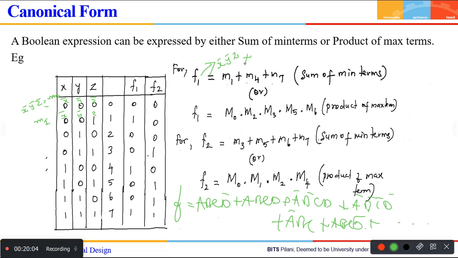Min term 4 is x y bar z bar, plus. Then you have M7. M7 is this one, x y z.